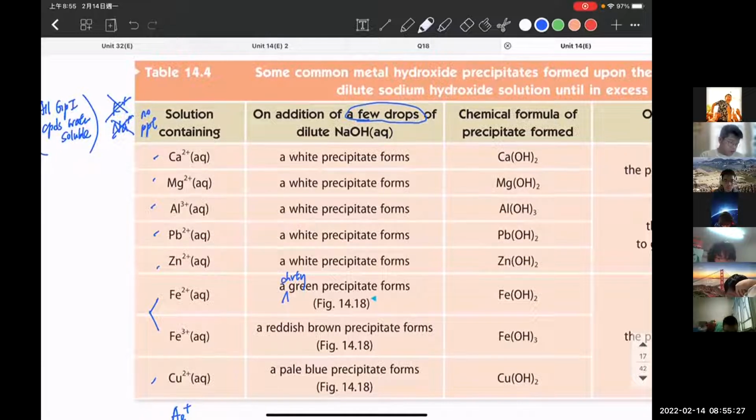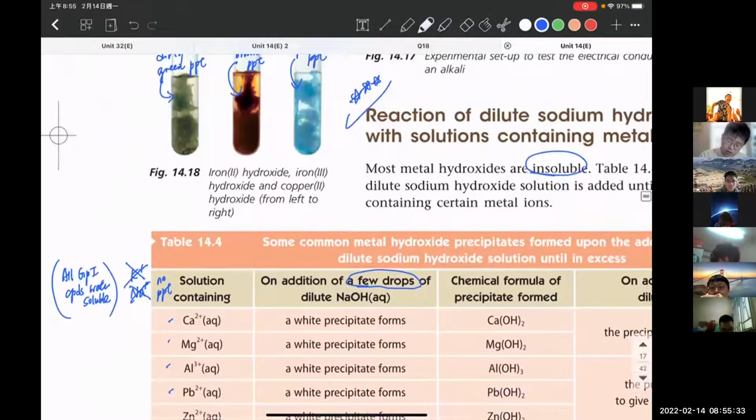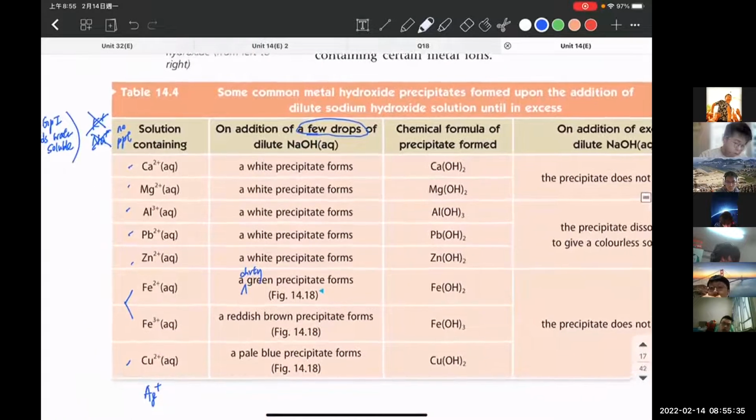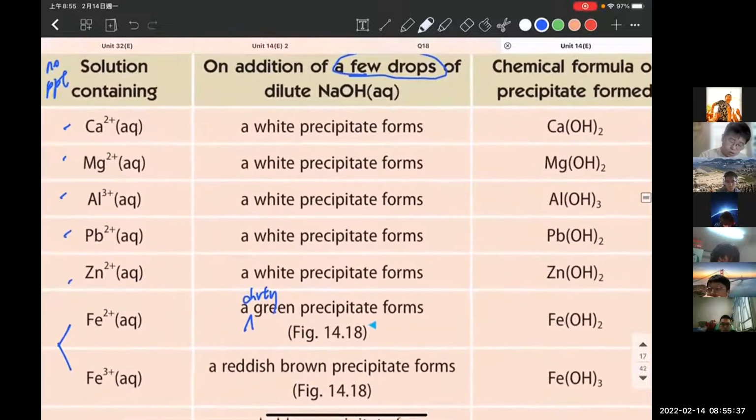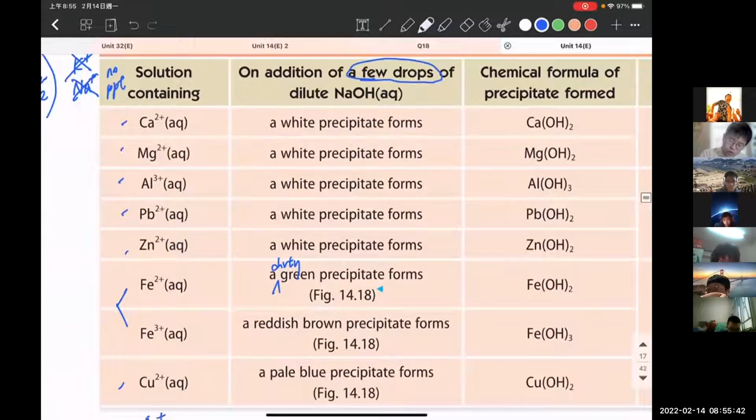Okay, what else? Have you checked for the texture of those PPT? The texture of those is a little bit different. So if you want to talk about this, besides this is white, we will use the word jelly-like or powdery to further describe.